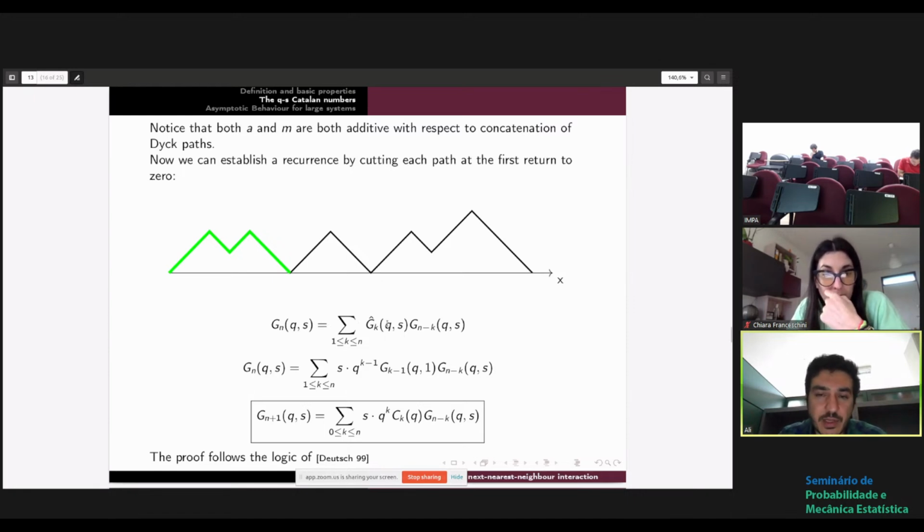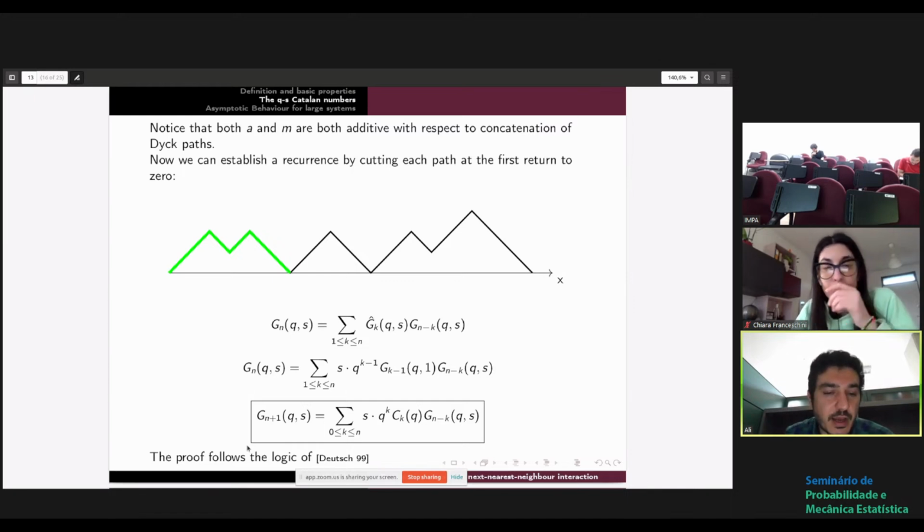Okay, now simply the elevated dig path was already computed as a function of Gn, and then you have this recurrence. Okay, so this is, in a sense, not very original as a proof.